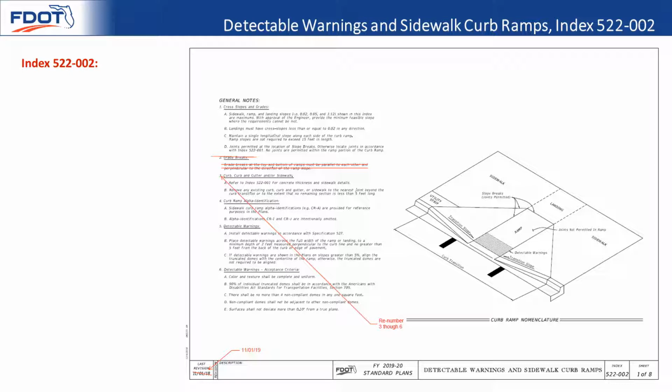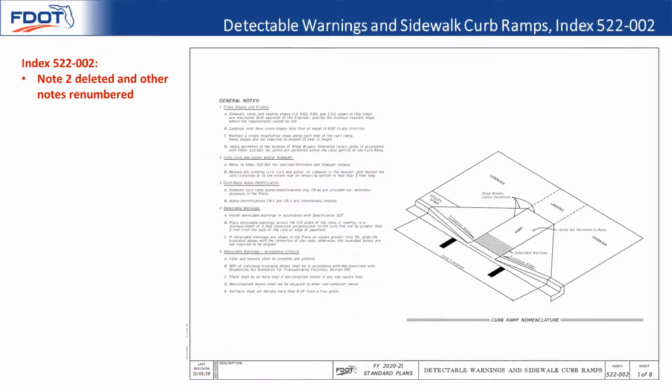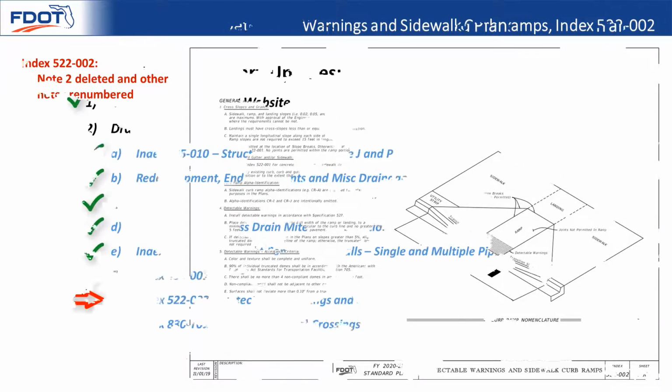This note would result in the front of a sidewalk and back of sidewalk transition lengths not being equal, creating warping within the curb ramp transition areas and quick changes in the cross slope direction. So we talked about this, we thought about it, and we actually decided just to delete this note because we didn't want to create a situation that's not constructible or not usable. So here we've deleted that note and renumbered the general notes.